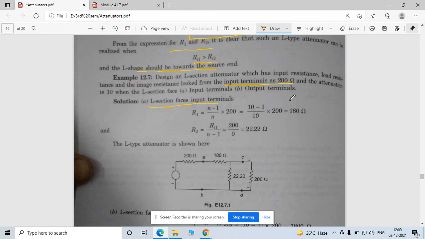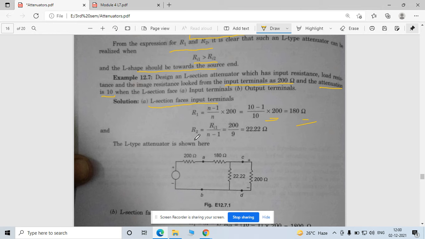Now the attenuation is given to you as 10, that is alpha is equal to 10, which is nothing but the ratio of input signal to output signal, equal to 10. 10 minus 1 is 9, divided by 10, multiplied by 200, you will get 180 ohm.